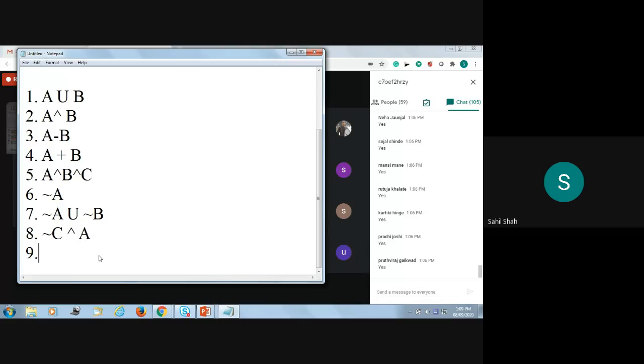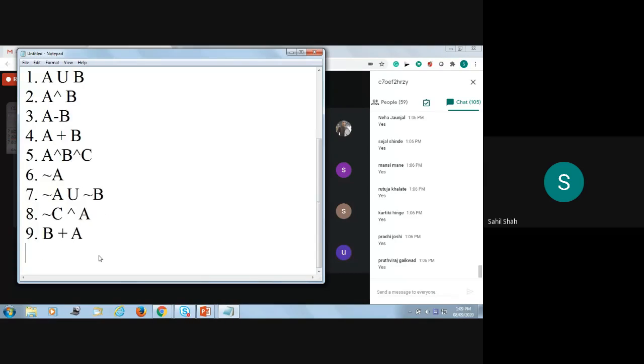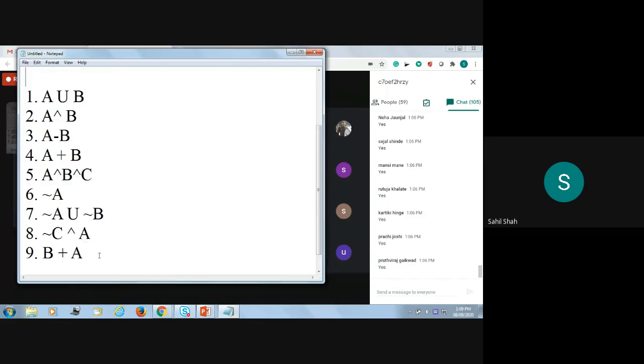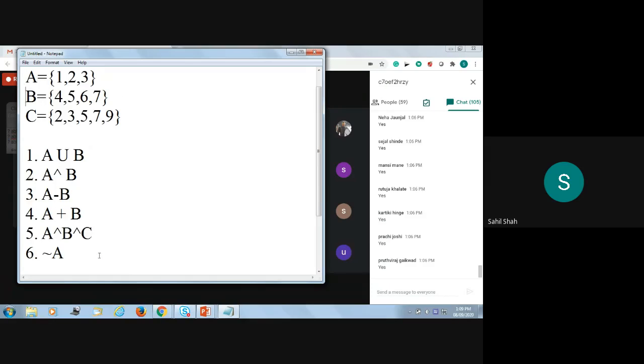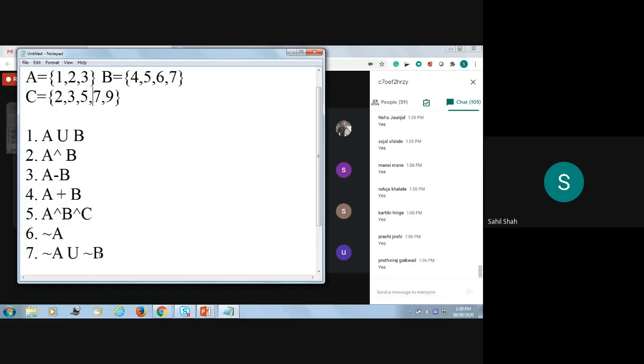Example number 9. Example number 10. Remember, we have been given the universal set U as well.